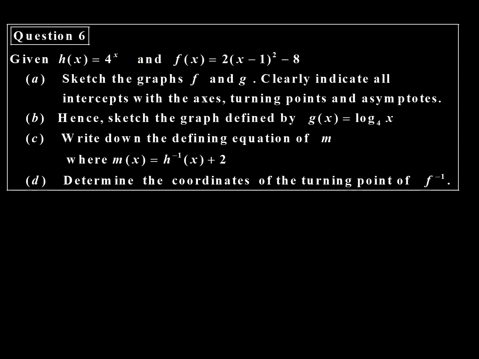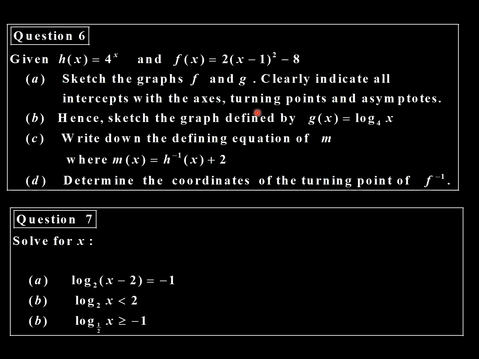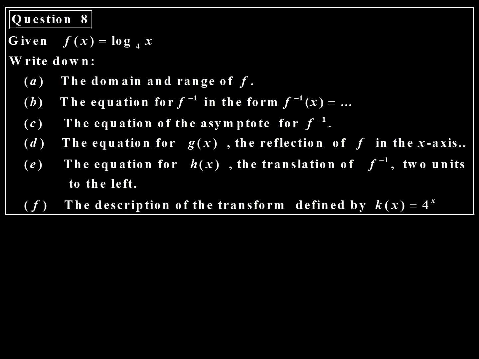Question 6, there we have again an exponential with a quadratic. In question 7 here we have some equations, one log equation, and then 2 log inequalities. And then the last question here we have a log function with a base 4.